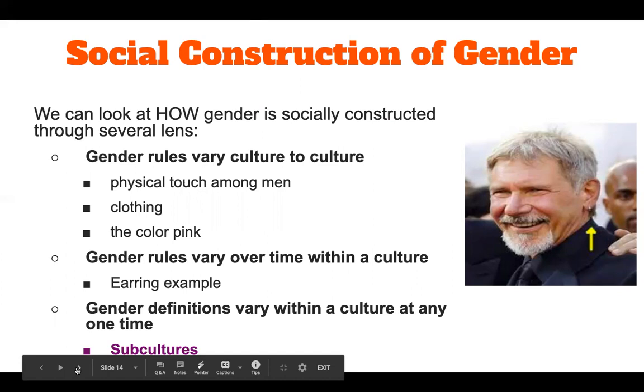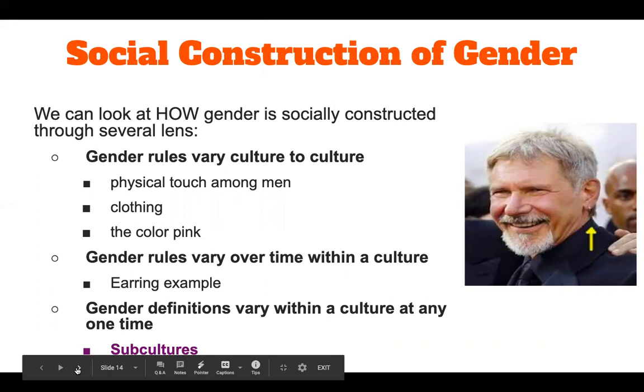Clothing. In our culture, for the most part, men do not wear skirts, but think about the kilt in Scotland. And then the color pink. It's associated with femininity in our culture, but in other cultures, it's considered to be gender neutral. And then in some cultures, it is even considered to be a masculine color.